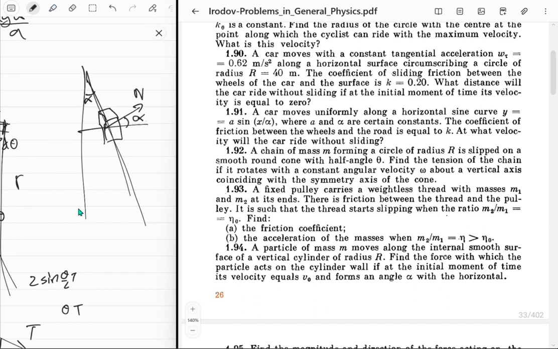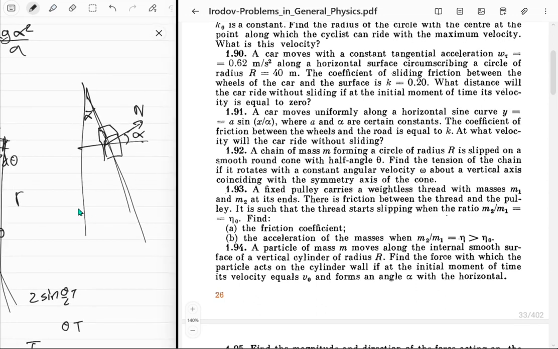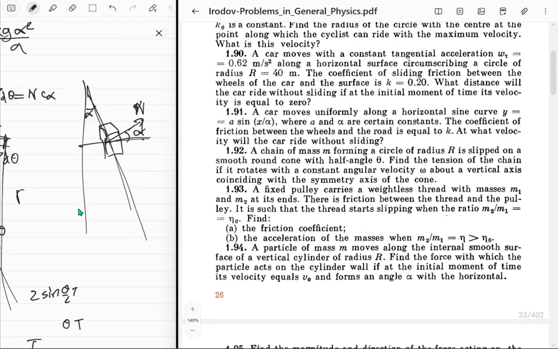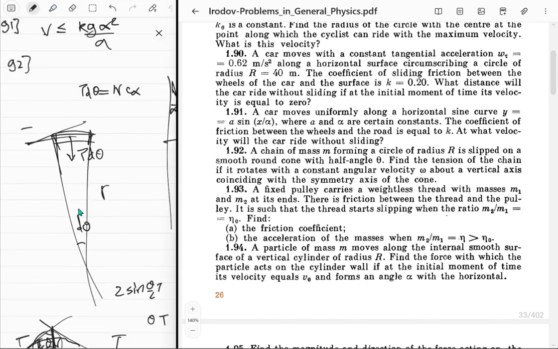N cosine alpha is what's pushing it out, and the tension is pushing it in. So T d theta is equal to N cosine alpha, where N is actually an infinitesimal quantity, because the element is so small.